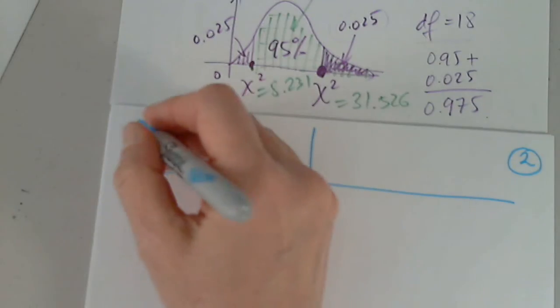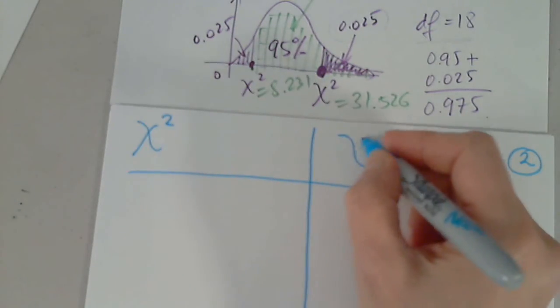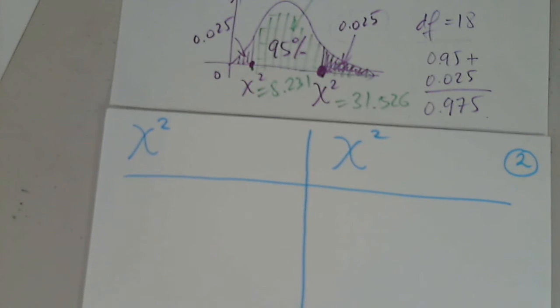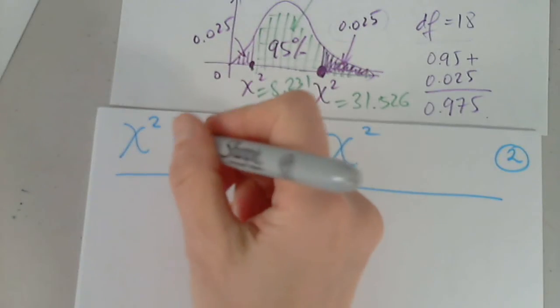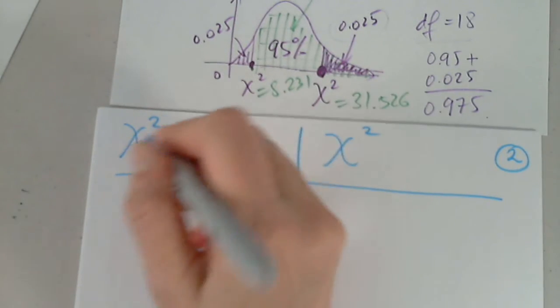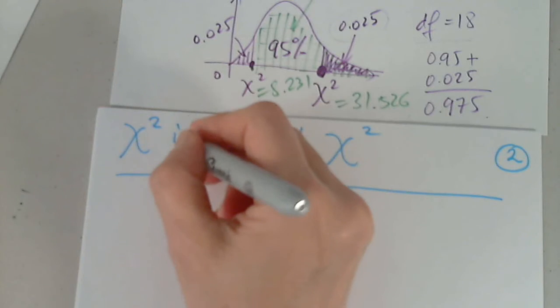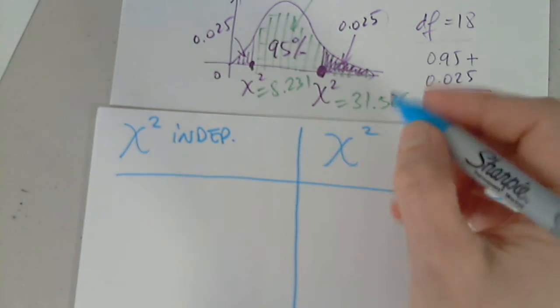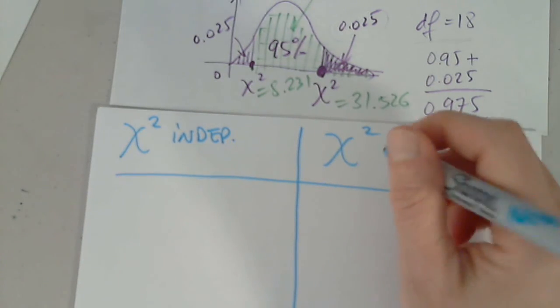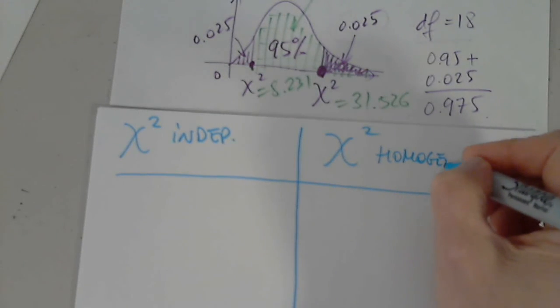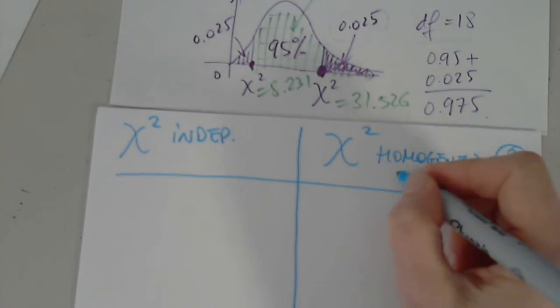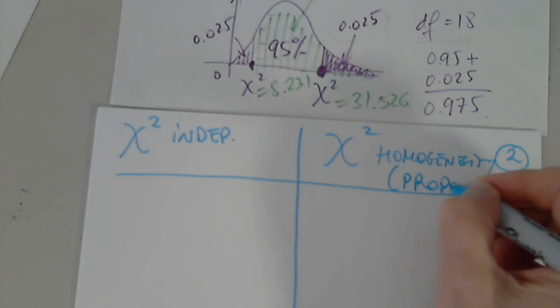They are both the same test, conducted in the same way. This one is the chi-square test for independence, and this one is the chi-squared for homogeneity. This one is for proportions.